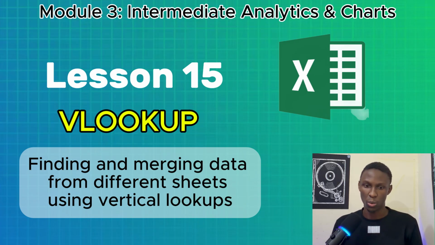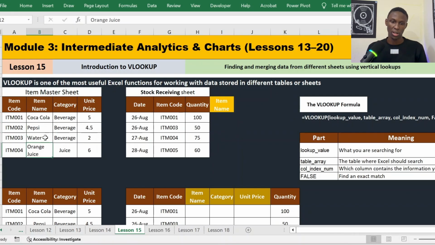So without wasting time, let's dive into lesson number 15 and see what exactly we have to know within this lesson. As you can see, I have two sheets on my screen: my item master sheet and stock receiving sheet.